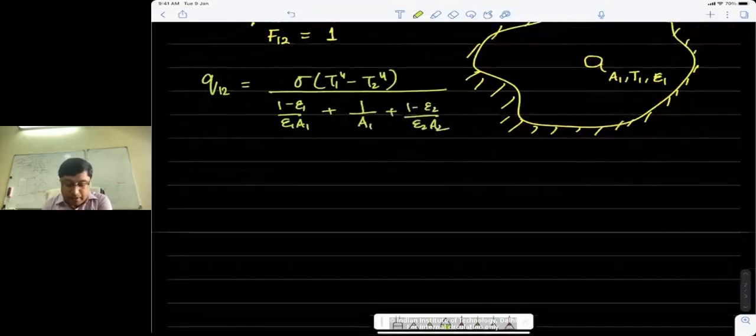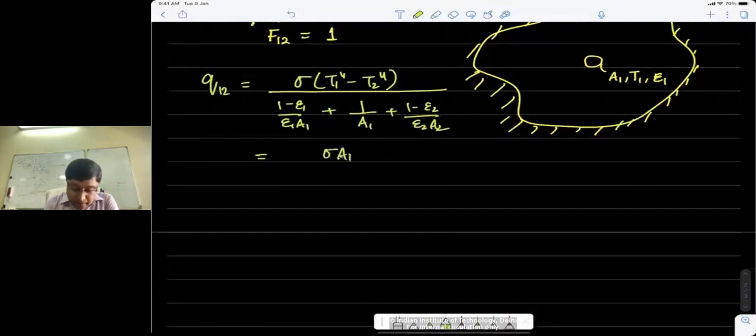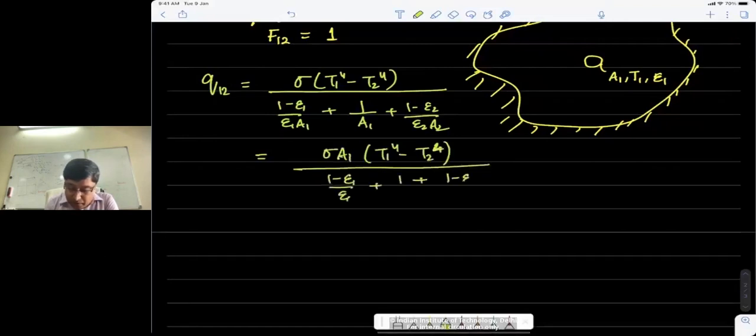And what I'll do is multiply the numerator and denominator by A1. So I'll get sigma A1 (T1^4 minus T2^4) divided by (1 minus epsilon 1) by epsilon 1 plus 1 plus (1 minus epsilon 2) by epsilon 2 into A1 by A2.